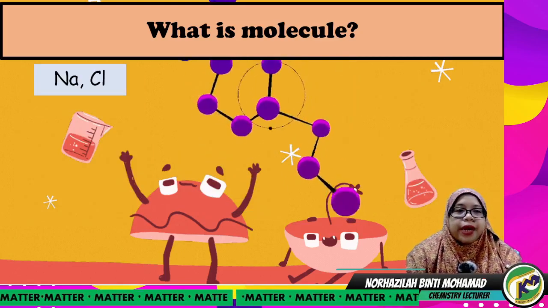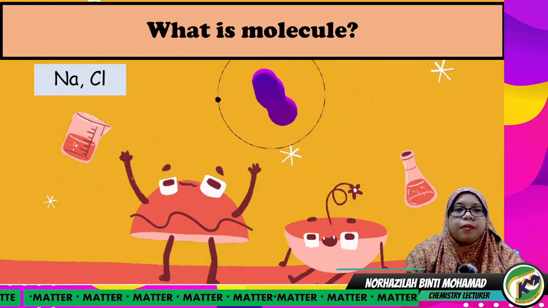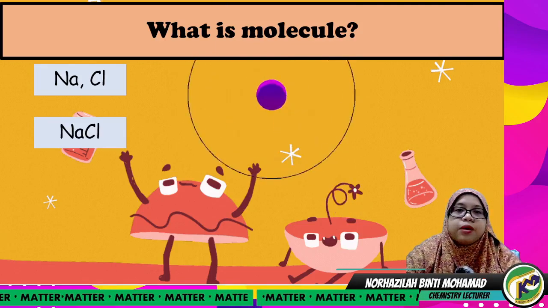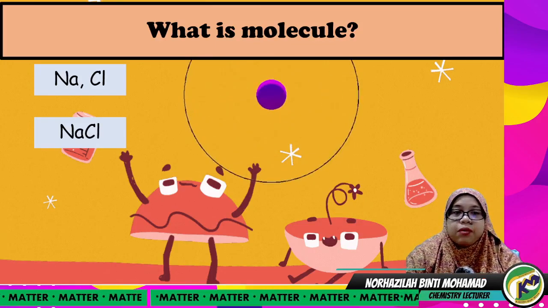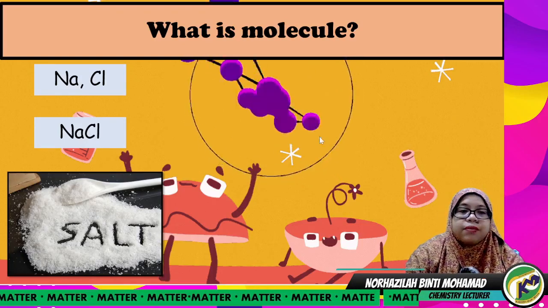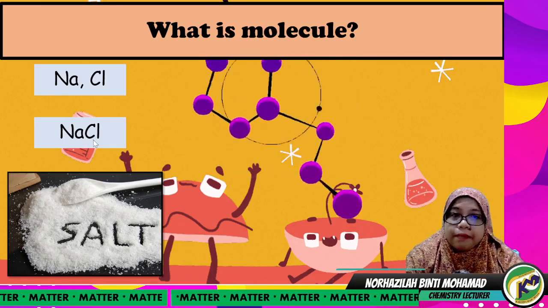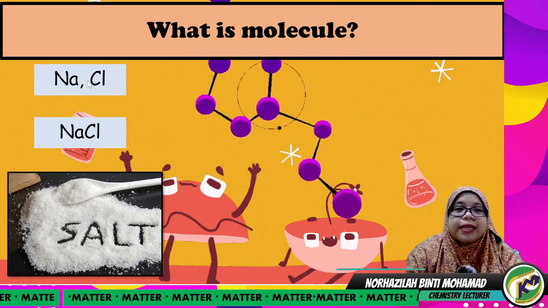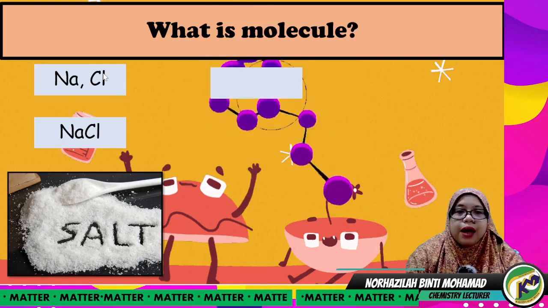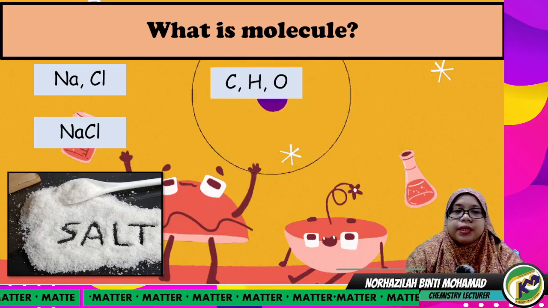We have the atoms sodium and chlorine. When we combine sodium and chlorine, we form sodium chloride, which is our salt. The molecule of salt is sodium chloride, made up by combining the atoms sodium and chlorine. How about the atoms carbon, hydrogen and oxygen?